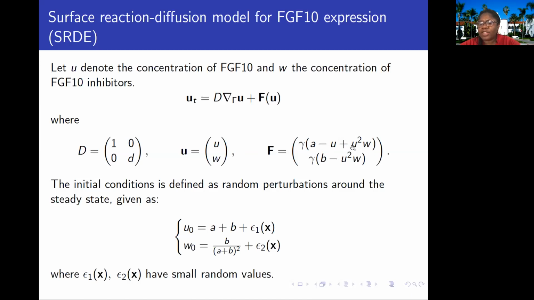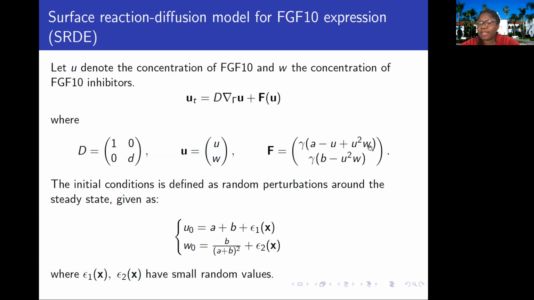It's kind of a trimolecular interaction. When you have the plus term, you're describing more production, and then you have the minus term, this is giving you reduction.